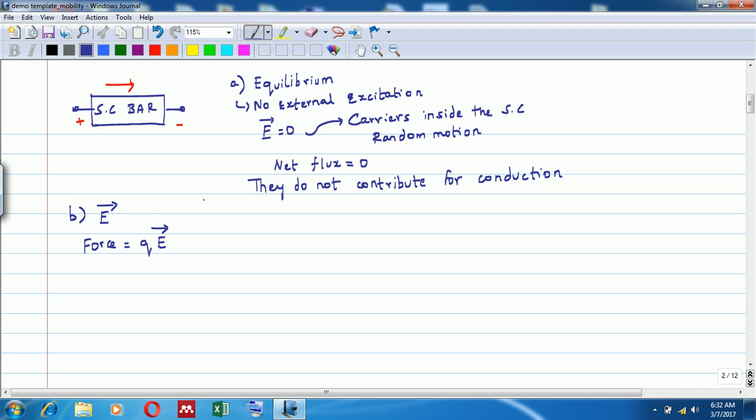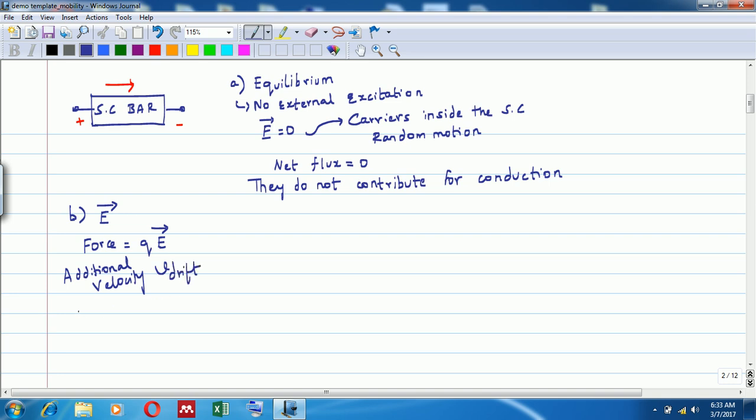So there is always a random motion of carriers inside the semiconductor, even when it is in equilibrium or when an electric field is applied. So here, in addition to this random motion, because of this electric field, there is a directed motion. So because of this, it attains an additional velocity, which is known as drift velocity.